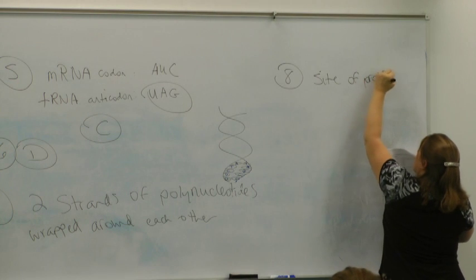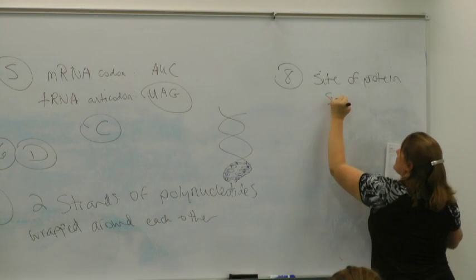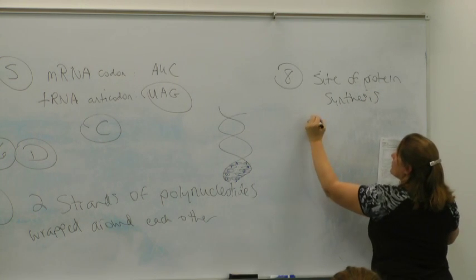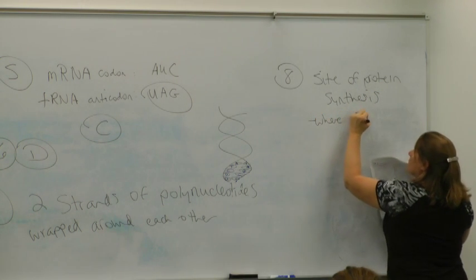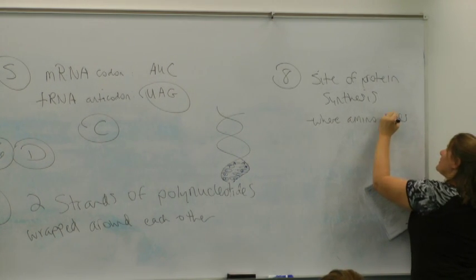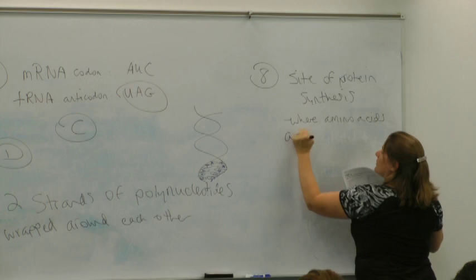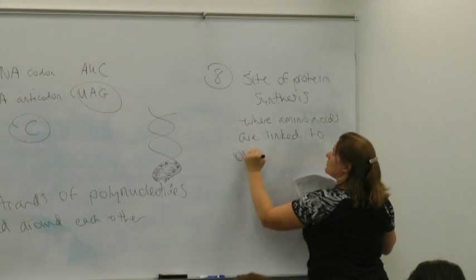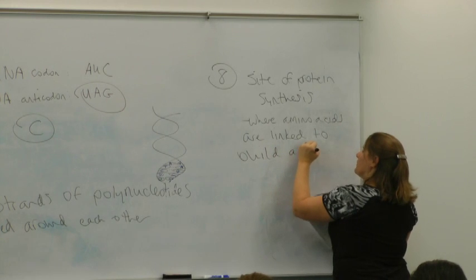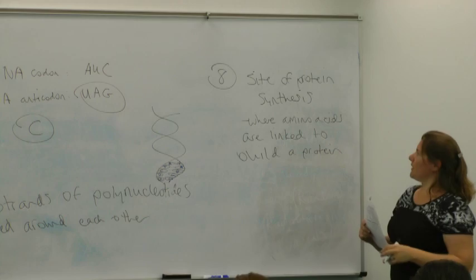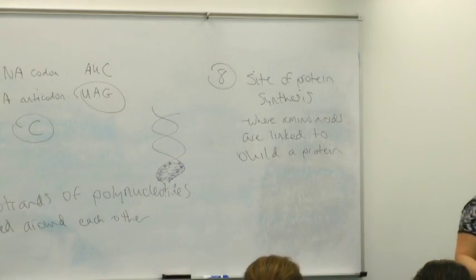And to get rid of those words protein synthesis, because that's in the question, you can say this is where amino acids are linked to build a protein. Yes, it's true. Ribosomes are the site of protein synthesis.